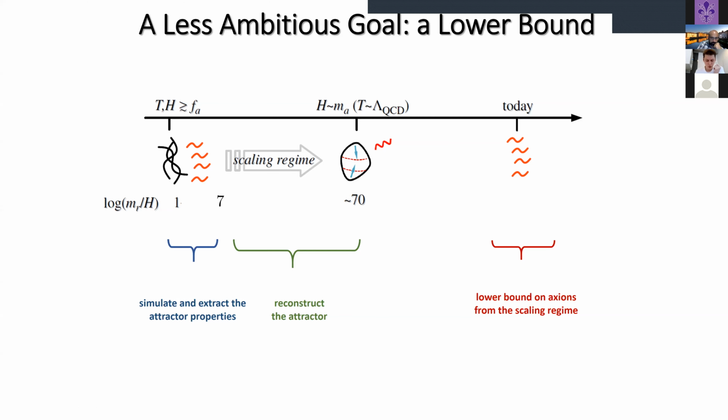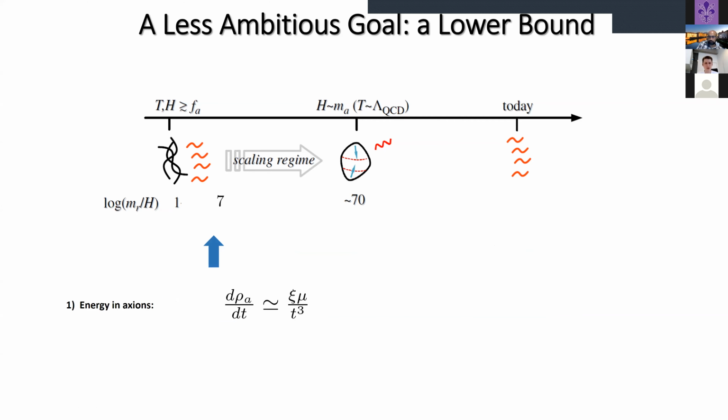So in order to complete this program, to calculate the number density from the scaling regime, we need essentially 3 ingredients. First of all, we need to know the energy of axions emitted per unit time from the network. And this, by the fact that there is a scaling law, and by energy conservation, is determined more or less only by one parameter, which is the number of strings per volume, psi.